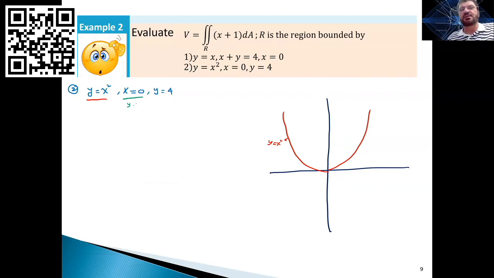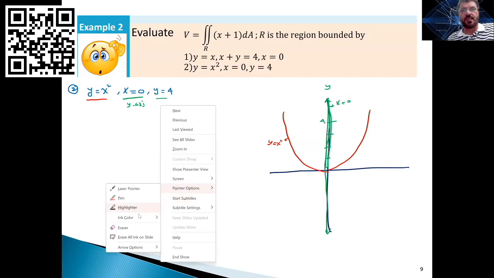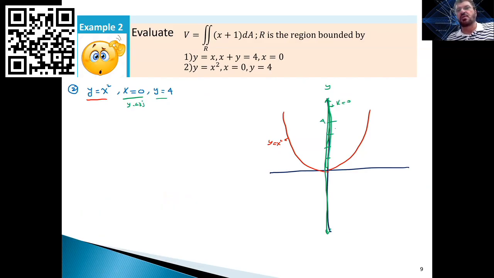We know x equals 0 is the y-axis. So this one is x equal to 0, guys. It's the y-axis. You can go all the way down, by the way. This is the y-axis, and this is x equals 0. And y equal to 4. Y equal to 4. Here is 1, 2, 3, and 4. So the last one, we're going to make it blue. Here is 4. This is y equal to 4.